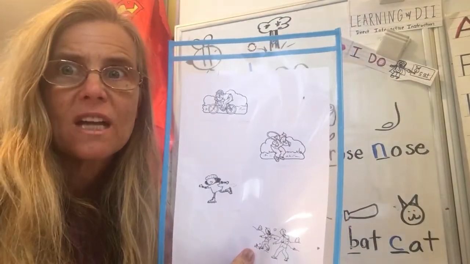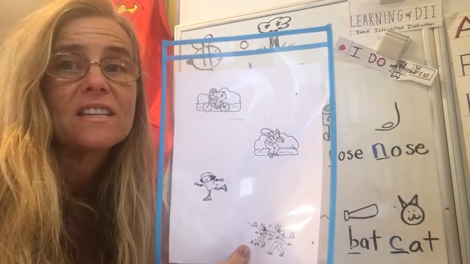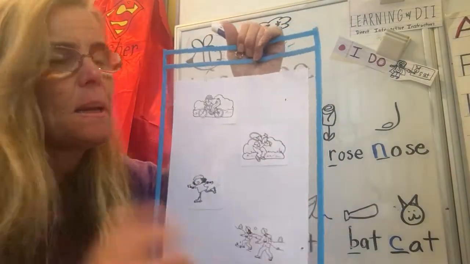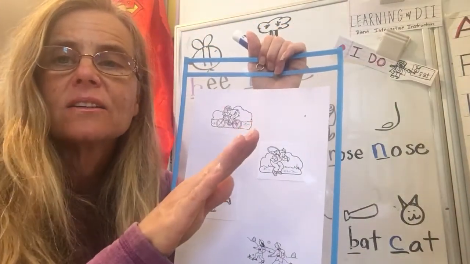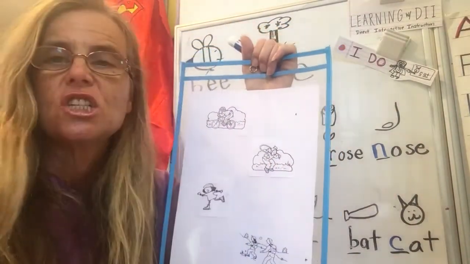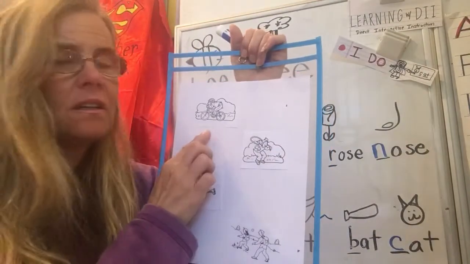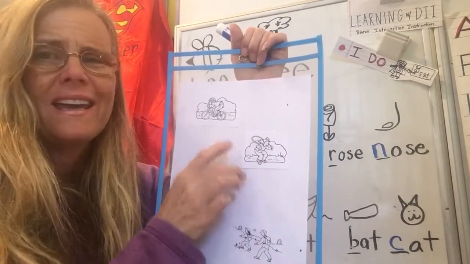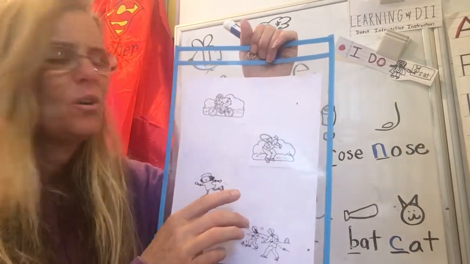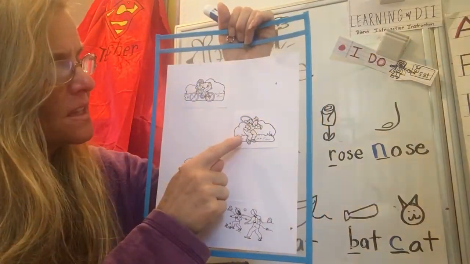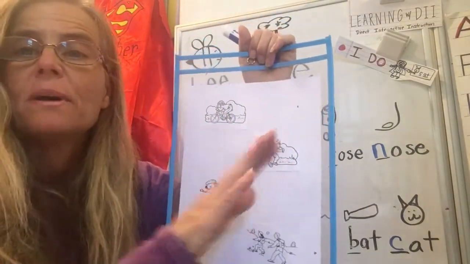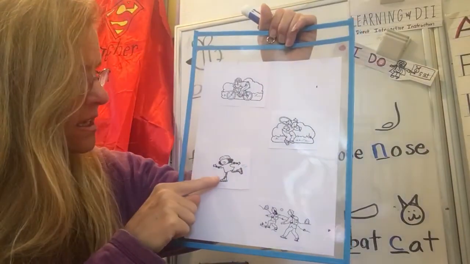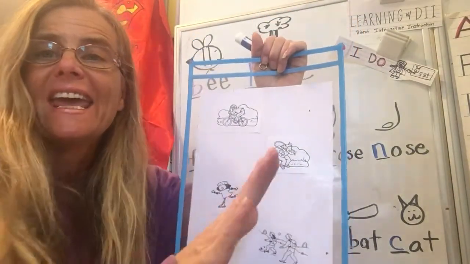Two of these go together. Two of these have the same ending sound. Listen. B, ike. J, ump. Ump, ike. Are they the same? No. Let's try this one. J, ump. Sk, eight.